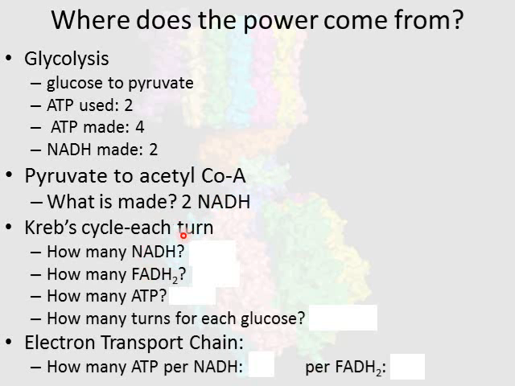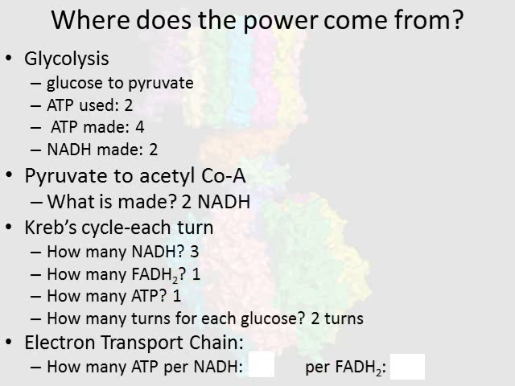Then the Kreb cycle is going to turn 2 times for 1 glucose molecule. With each turn, we make 3 NADHs, 1 FADH2, and 1 ATP. But since we go 2 turns in the Kreb cycle for each glucose, we multiply all those numbers by 2.